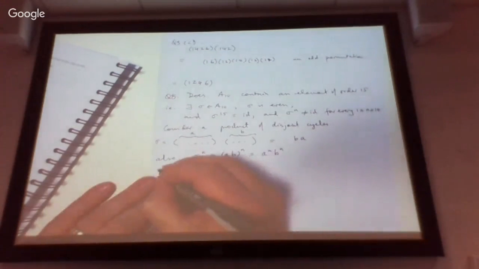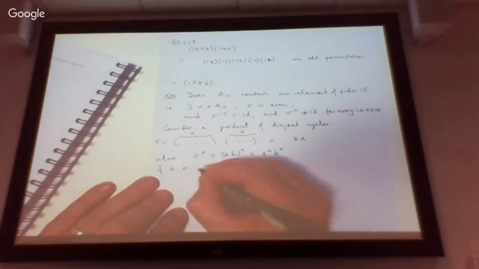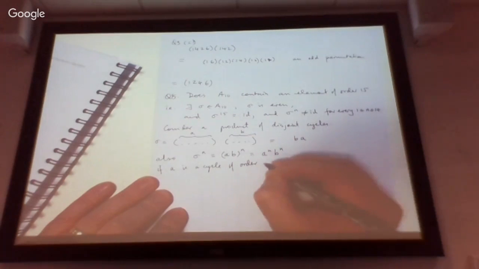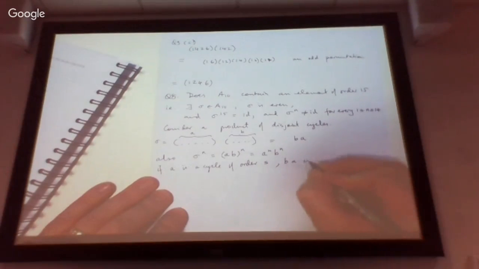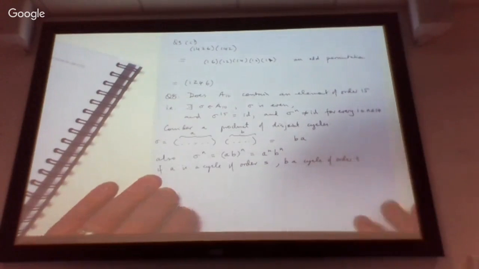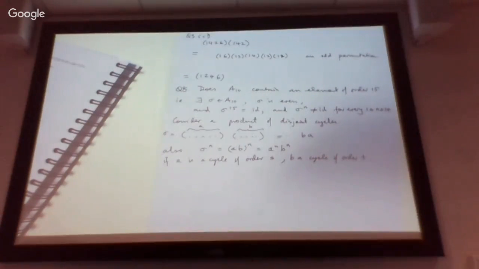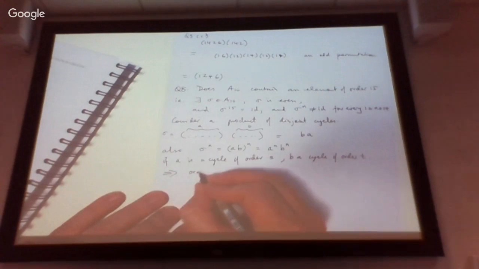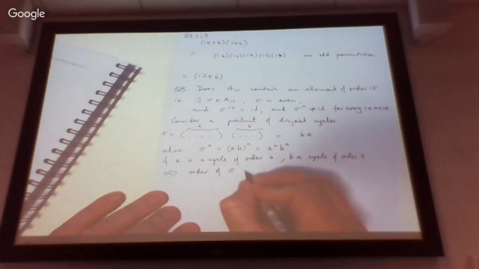See, because if A is a cycle of order S, and B a cycle of order T, then there's a very nice way to answer the question of what the order of sigma is.